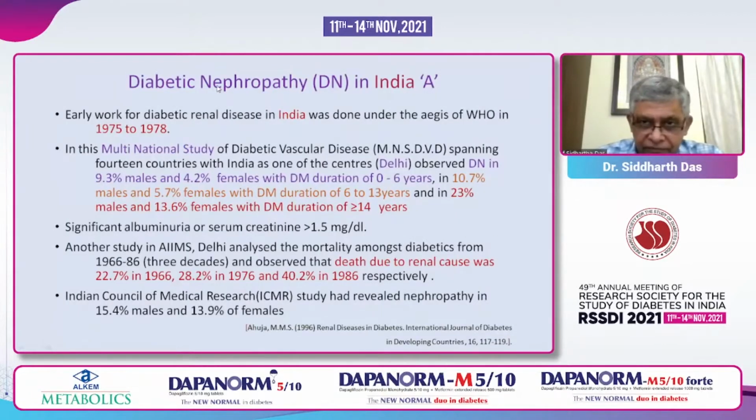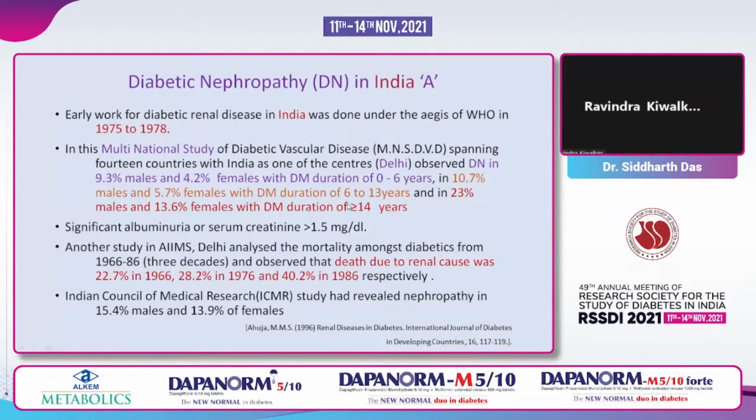Now, coming to diabetic nephropathy in India, the earliest study was under the aegis of WHO between 75 and 78, and Delhi was one of the centers. For duration of diabetes between 0 and 6 years, the prevalence was 9.3% and 4.2% in males and females.